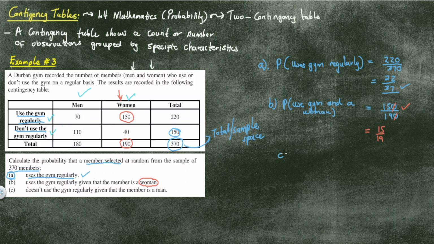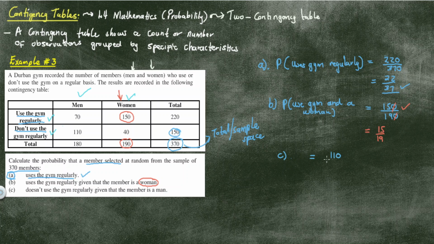Then C: don't use the gym regularly given that the member is a man. It's 110 over 180. Yes, I agree.